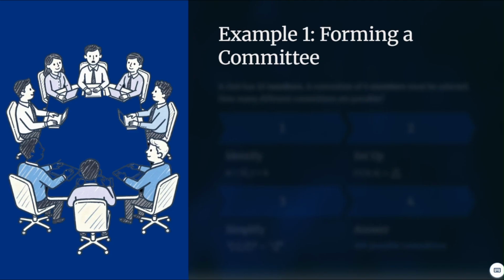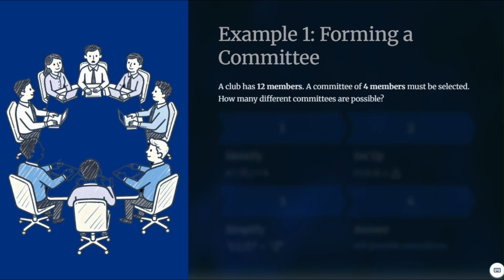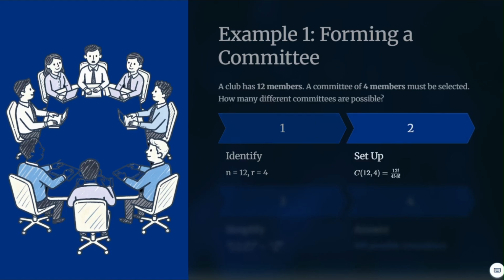For example, a club has 12 members. A committee of 4 members must be selected. How many different committees are possible? Well, first you'll need to identify N equals 12 and R equals 4. You want to choose 4 members from 12. So if we set up our equation, 12 choose 4 will be equal to 12 factorial over 4 factorial times 8 factorial.